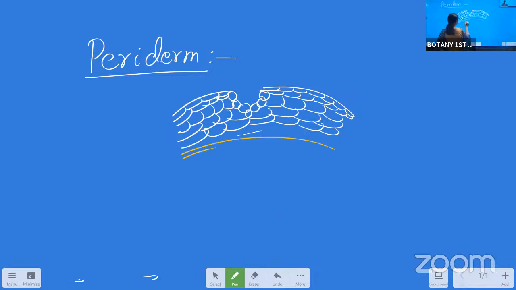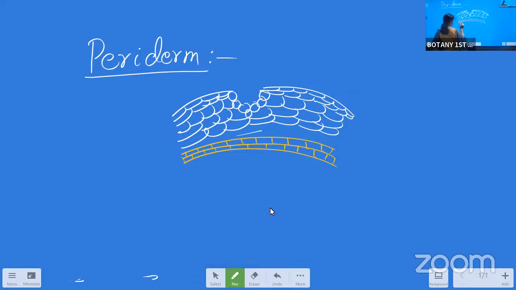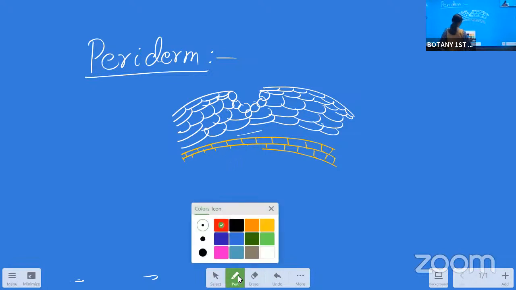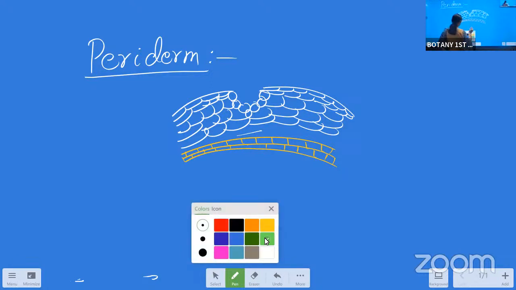This is the cambium. Below the cambium is the green.